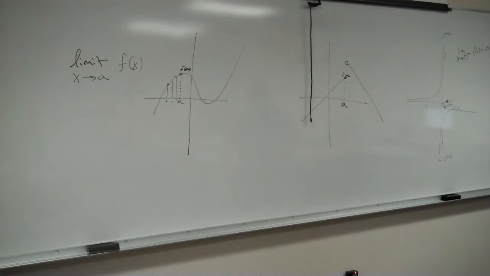Is that the way the book uses the notation, or do they do it the other way around? Hold on. I want to make sure I'm not telling you this wrong. Let's see here. Let me look at an example real quick. As we approach 1 from the left. Hold on just a second here.